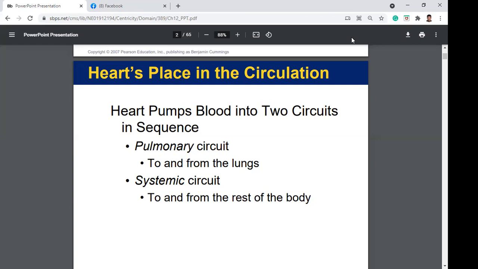So the largest artery that leaves the left ventricle directly, what is it called? Once blood leaves the left ventricle, it enters an artery, just the way we have the pulmonary artery on the right side.